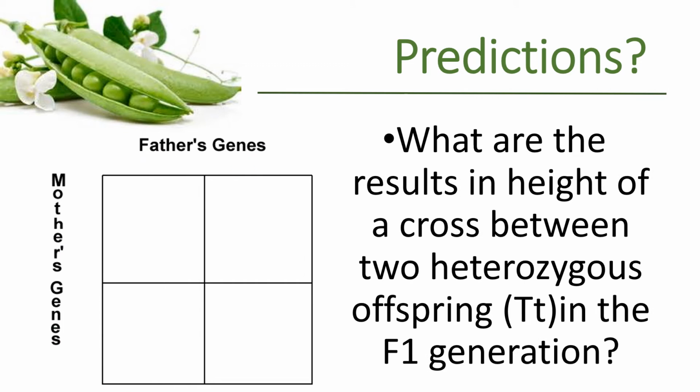Let's do this one again, where we're crossing two heterozygous offspring. So we're going to have one parent be big T, little t, and the other parent is also big T, little t. So when we do this cross, we can bring the big T down, the little t down, and then we can take the mothers going across.